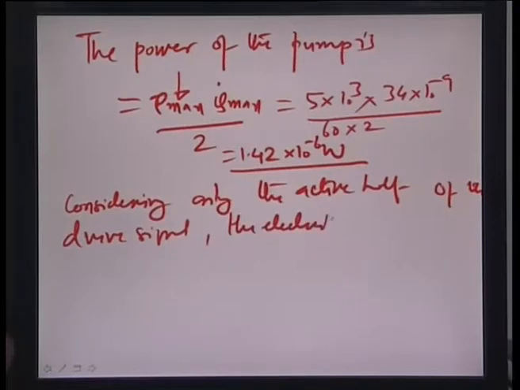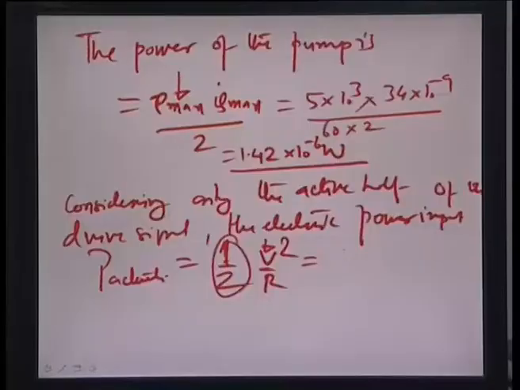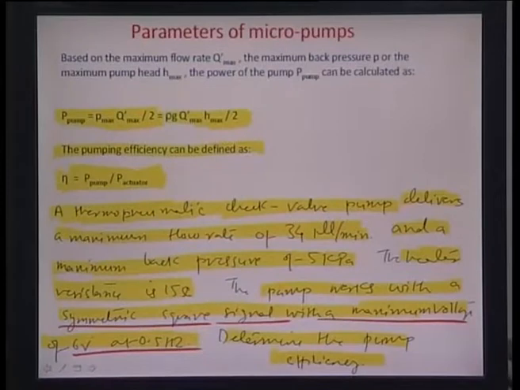So, the electric power input here, which causes the actuator power, is half V square by R. V is 6 volts, half because the half cycle is only the power cycle, the remaining half cycles are 0 volts. So, there is no power delivered essentially from the source into the thermopneumatic chamber. So, this comes out to be equal to square of 6 divided by 2 times 15. The resistance, mind you, is about 15 ohms, as has been illustrated in the example here.